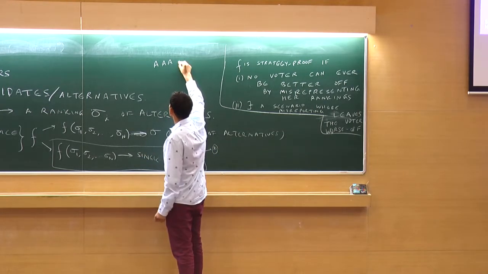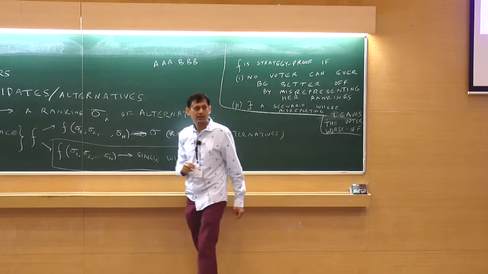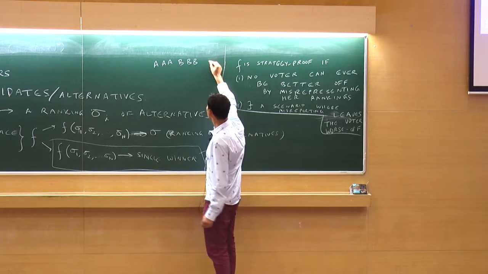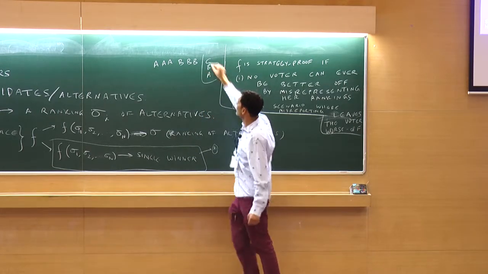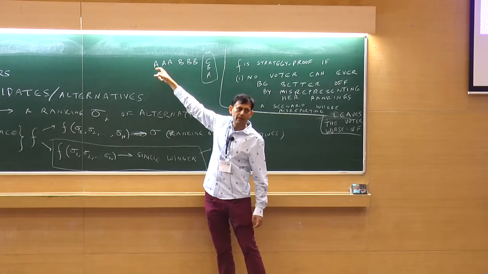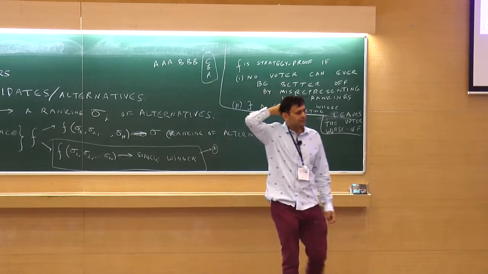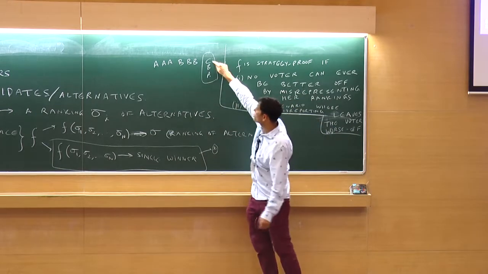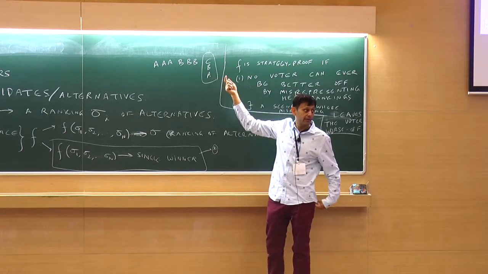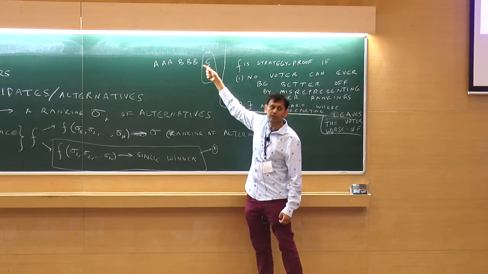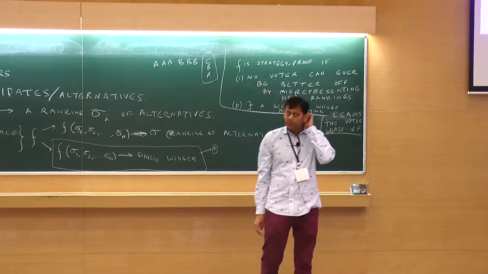And 3 people are voting for B, and my ranking is C, B, A. So I'm looking at how other people have voted. I should really report this ranking, because C is my preferred candidate. But if I report B first, I can make B win as opposed to A, who I hate. Okay? So plurality is not strategy proof.